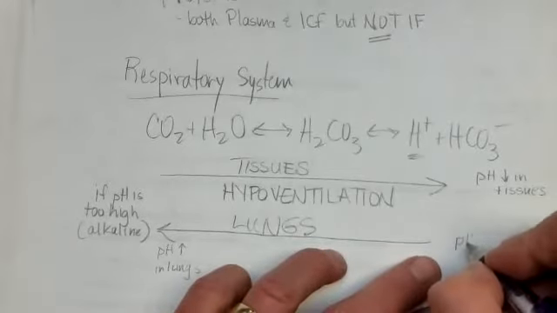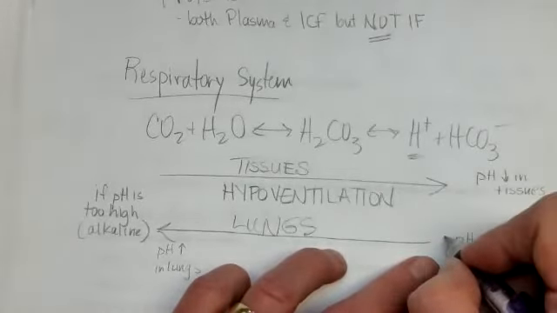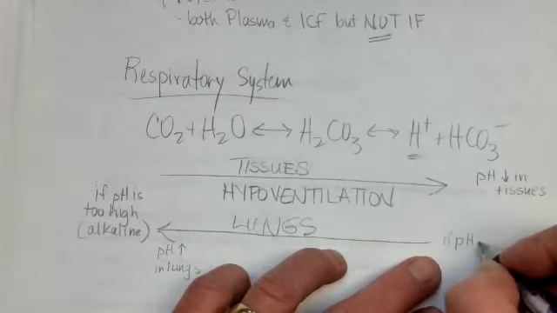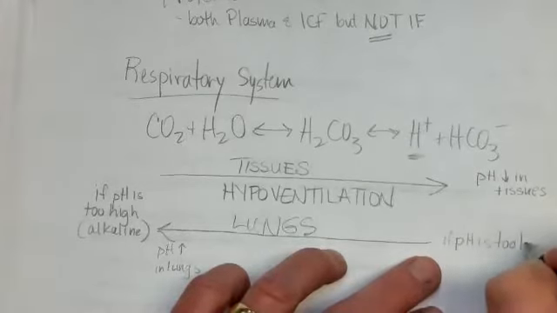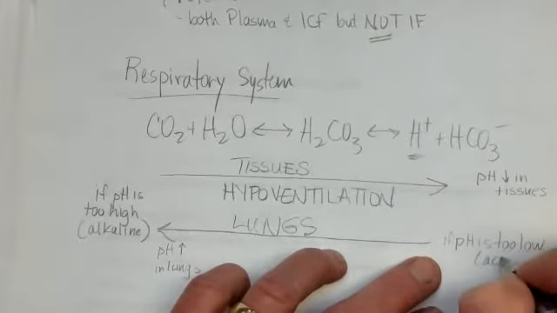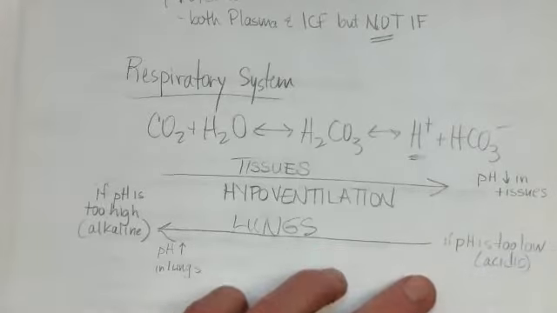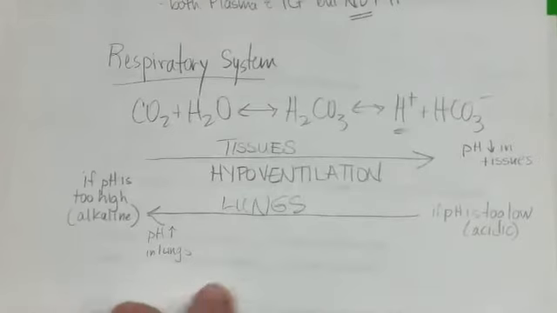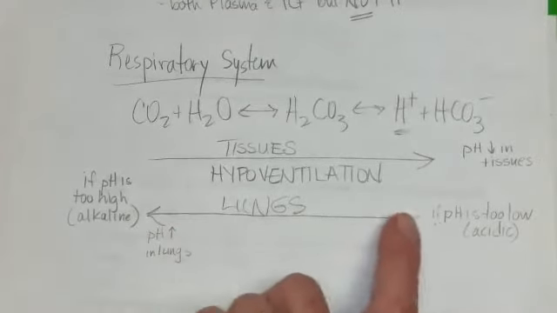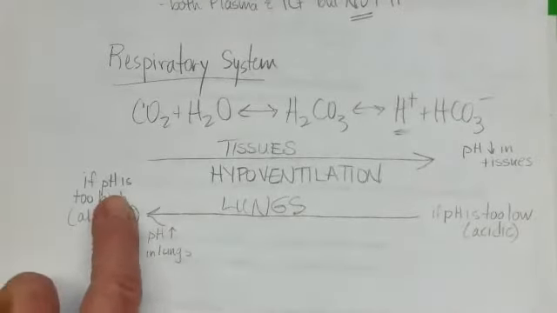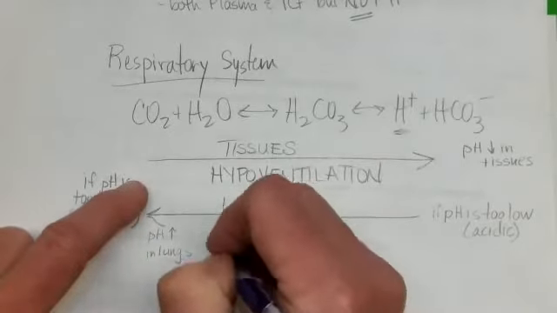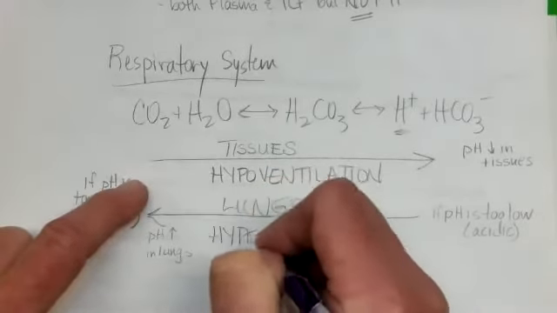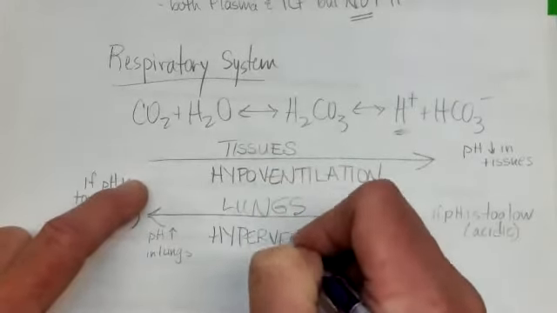Well, it's if my pH is too low to begin with. How can I change my breathing to raise my pH? Make the reaction go to the left. And how do we make the reaction go to the left? Hyperventilation.